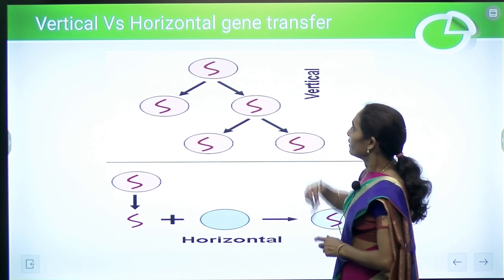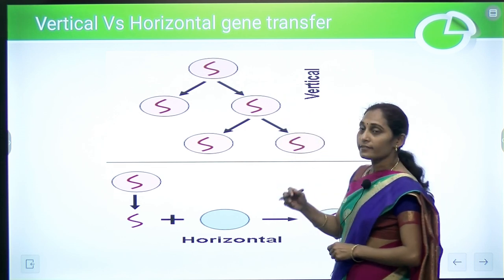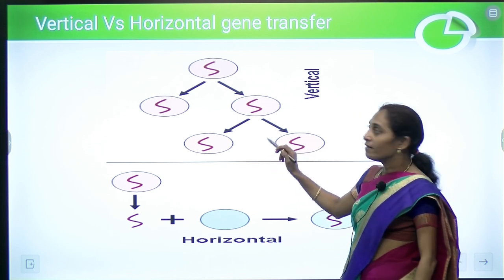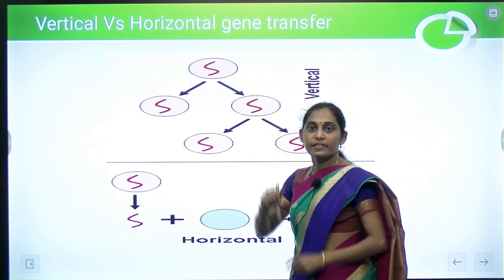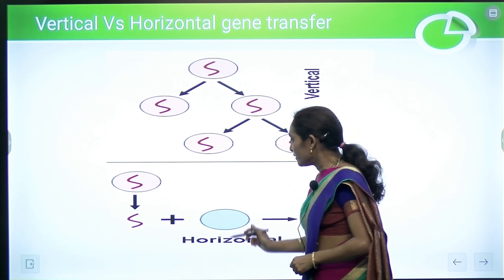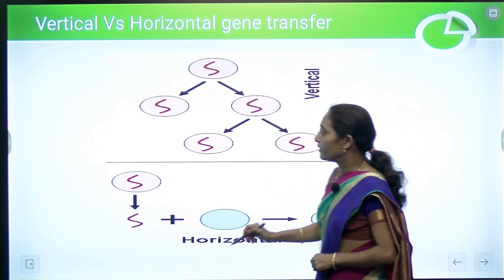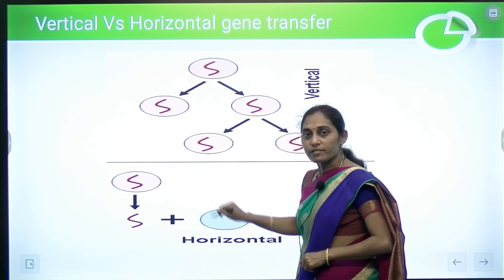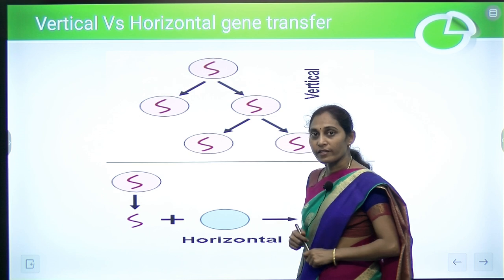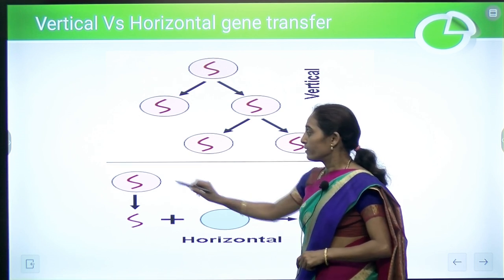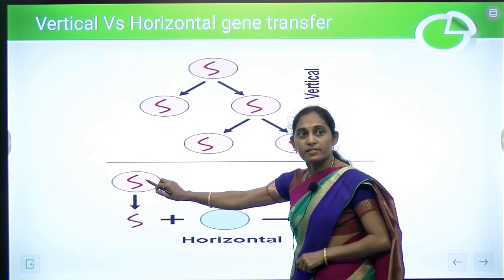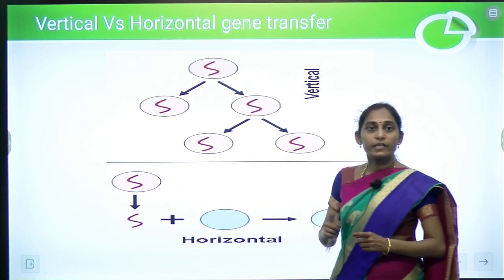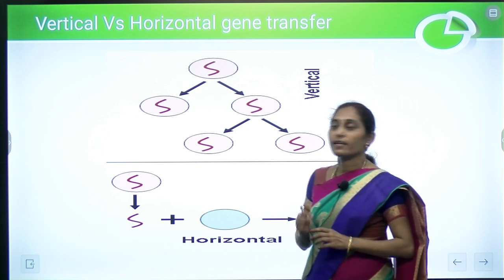In the first figure, we can see clearly that the descendants are getting the genetic material from their parental cells, whereas in the lower picture, we can see that it is an unrelated bacterial strain. The pink strain is transferring its genetic material to the blue one, which are not in a parent offspring relationship.